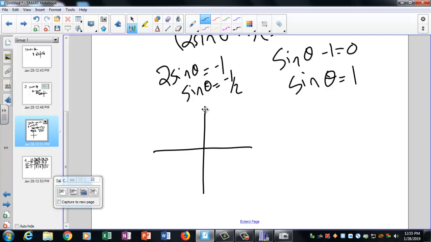What quadrants have sine theta being negative? There's 3 and 4. So this is pi over 6, and this is pi over 6. Does that make sense? Which is 7 pi over 6. And this one is 11 pi over 6.